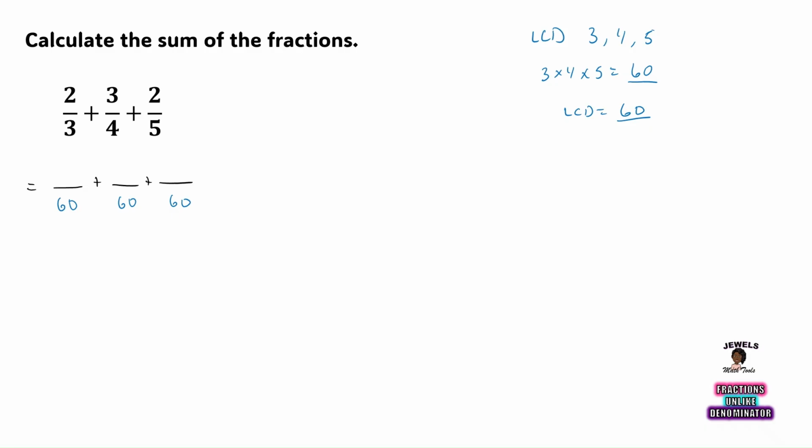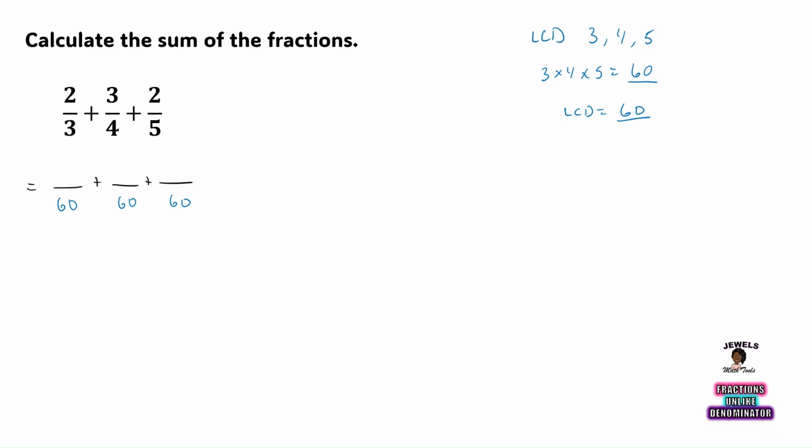However, there are times when we multiply the numbers together, and the number that we get is larger than their actual lowest common multiple. So be very mindful of that when you're using the step that I just used.